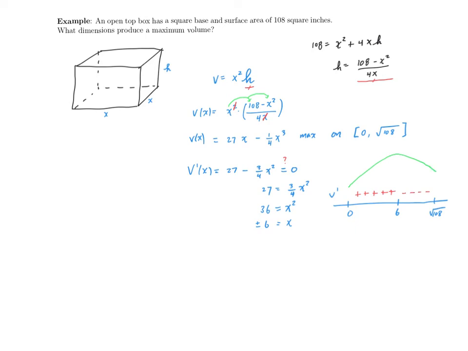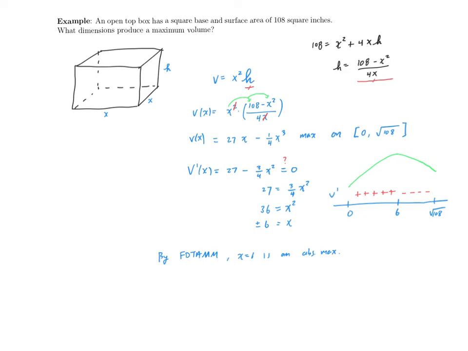So by the first derivative test for absolute max and mins, and it is very important that you include that information. Without this new test, we don't get that desired conclusion. But by the first derivative test for absolute maximums and minimums, x equals 6 is an absolute maximum.